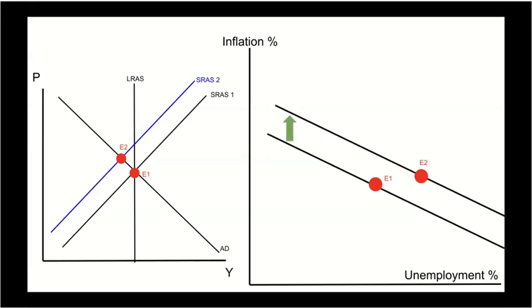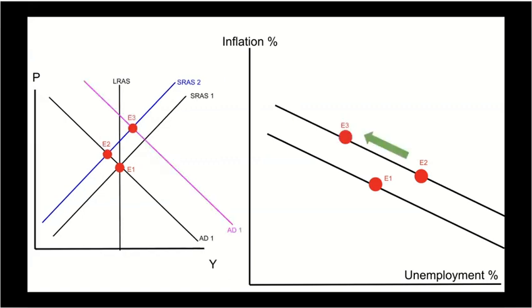So that's the first shift that happens. Then, remember with the expansionary monetary policy, the aggregate demand curve got shifted to the right, and we have our new equilibrium E3.